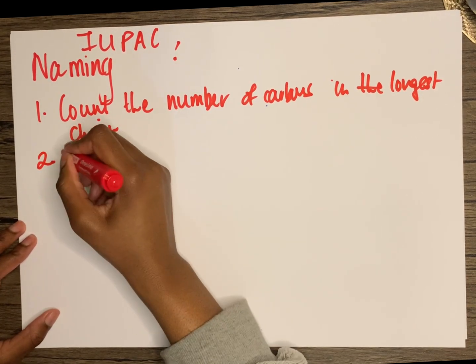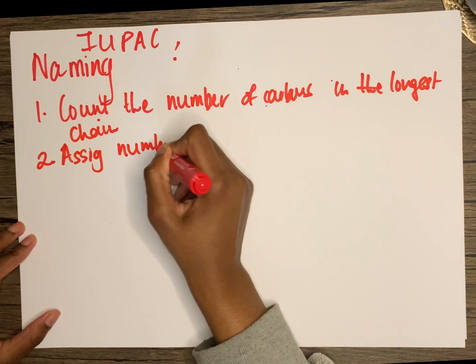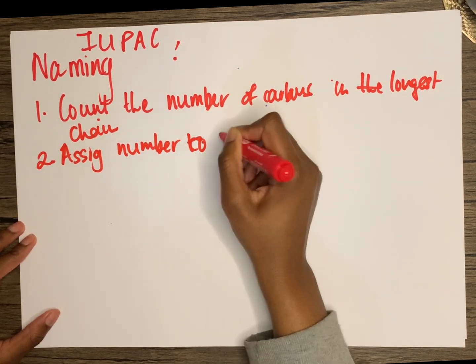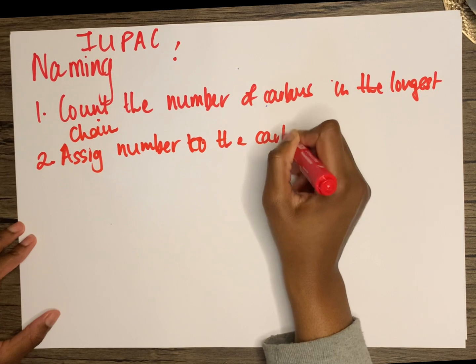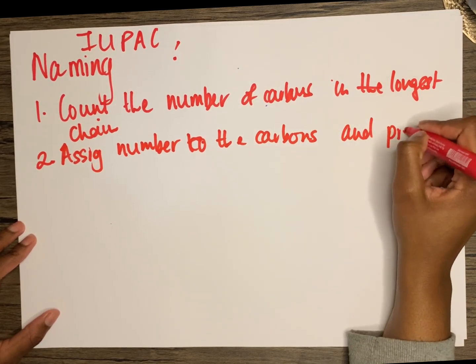And then assign numbers to the carbon or to the carbons. And prioritize the functional group.